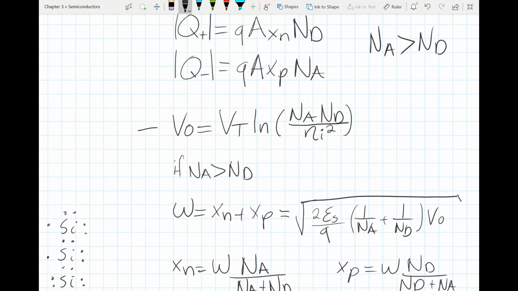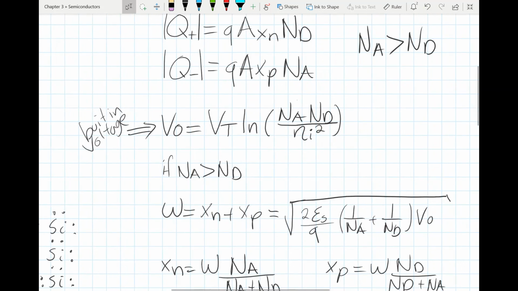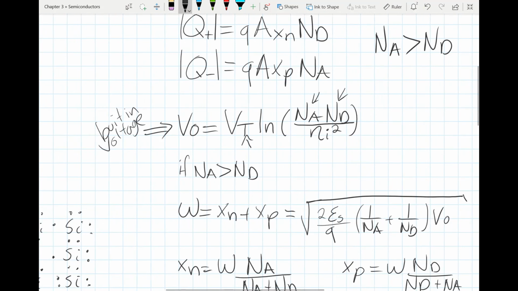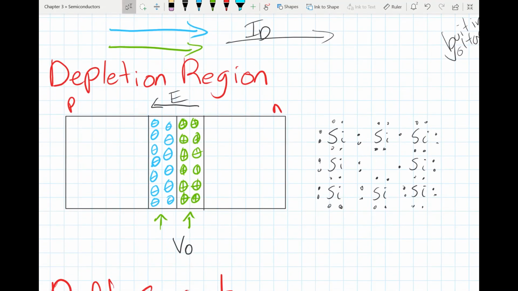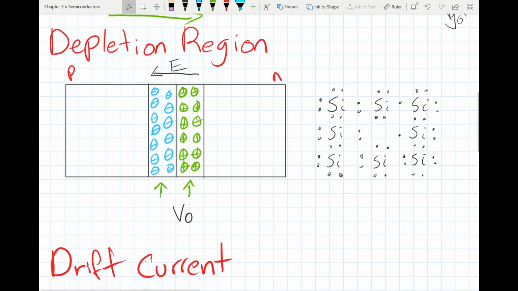This built-in voltage is related to the thermal voltage and the concentration of acceptors and donors. Obviously after this depletion region is created, you have an electric field, and you can think, okay, now we have an electric field, so a drift current is going to be created. And that's what we're going to talk about in the next video.